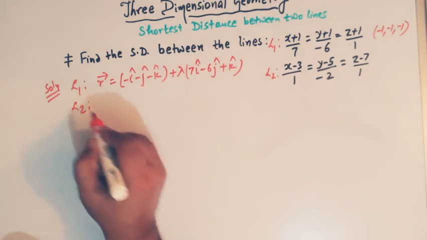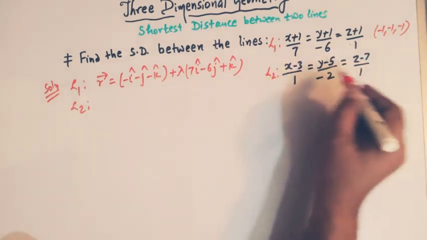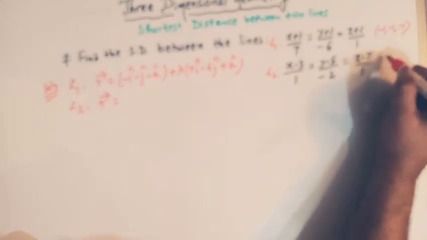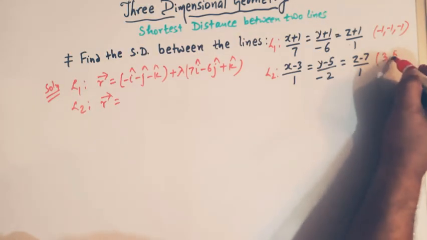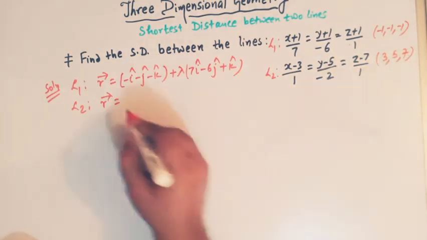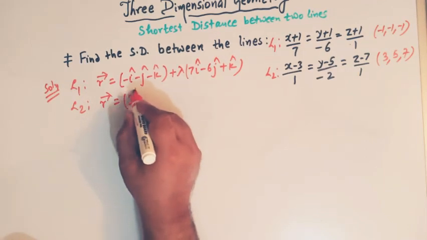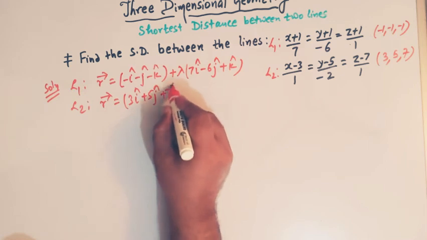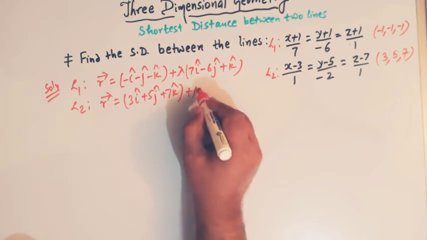And the vector equation of the second line is vector r, and this line passes through the point (3, 5, 7). So here we have 3 i cap plus 5 j cap plus 7 k cap, plus mu times the vector.